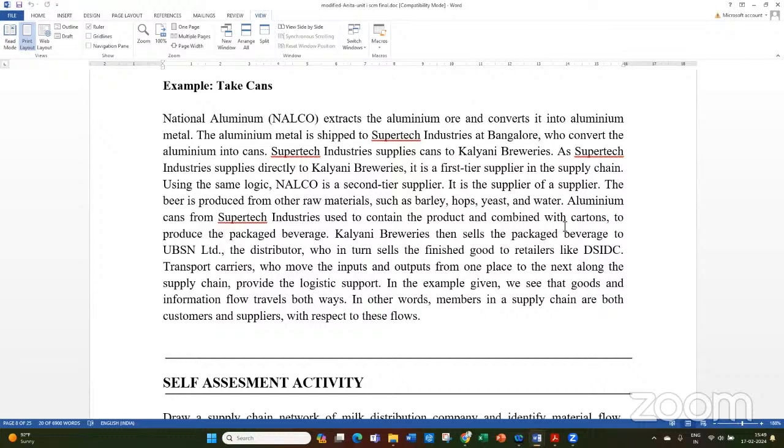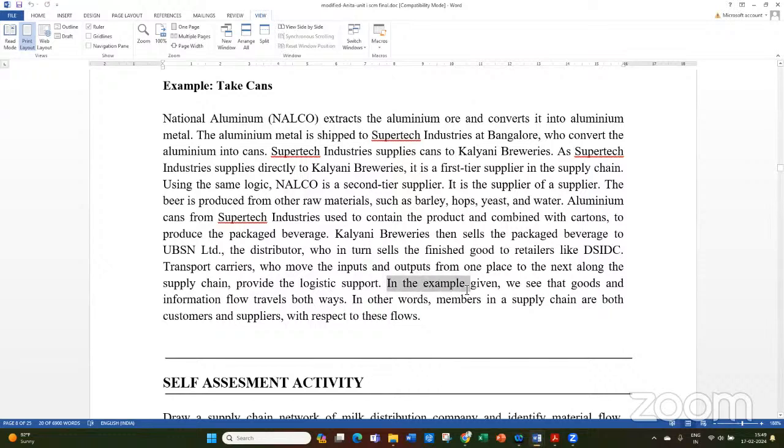This part of the supply chain is the movement of material. Again, the beverage company sells packaged beverage and distributes finished goods in turn to the transport carriers. We move and distribute. See this example, what happens?